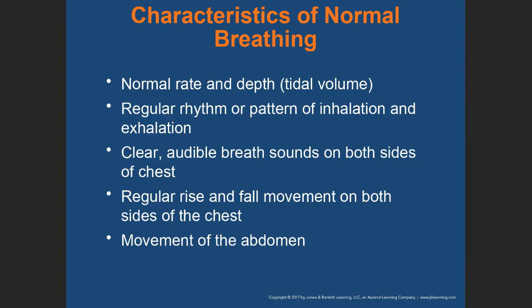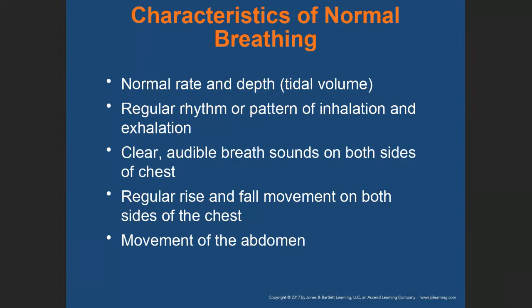As you move down. Can you see bilateral movement of the chest wall, right? So does both left and right rise together? Or you see the right side rising and a portion of the left moving in. That's paradoxical motion, right? Is there movement of the abdomen, which you can see in your pediatric population, right?